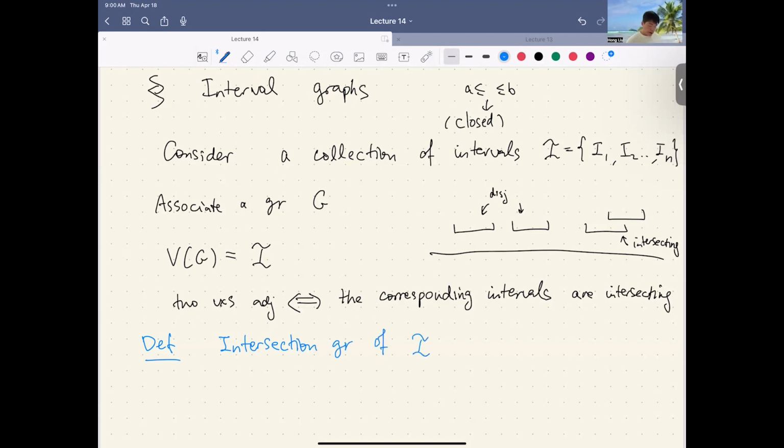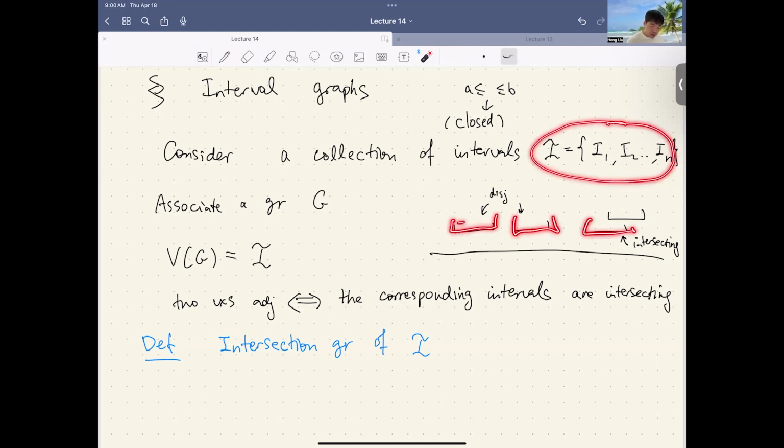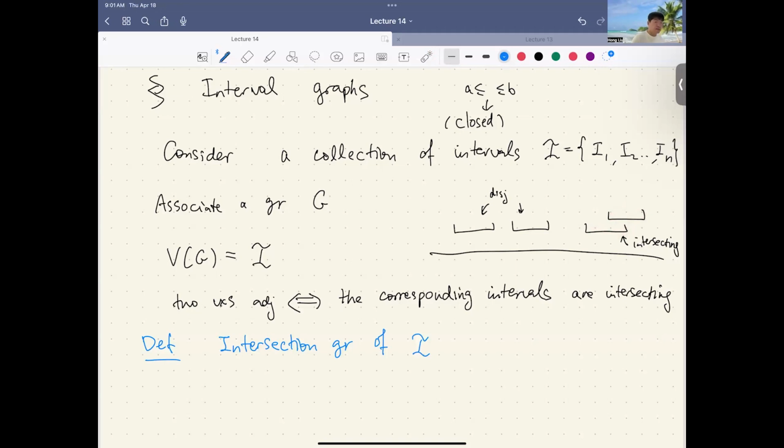Of I. Meaning that if you have a collection of geometric objects, in this case a collection of intervals, then you can define the intersection graph where each geometric object becomes a vertex, and two are adjacent if and only if the corresponding geometric objects intersect, right? And similarly, you can define the disjointness graph, which is the complement of the intersection graph.